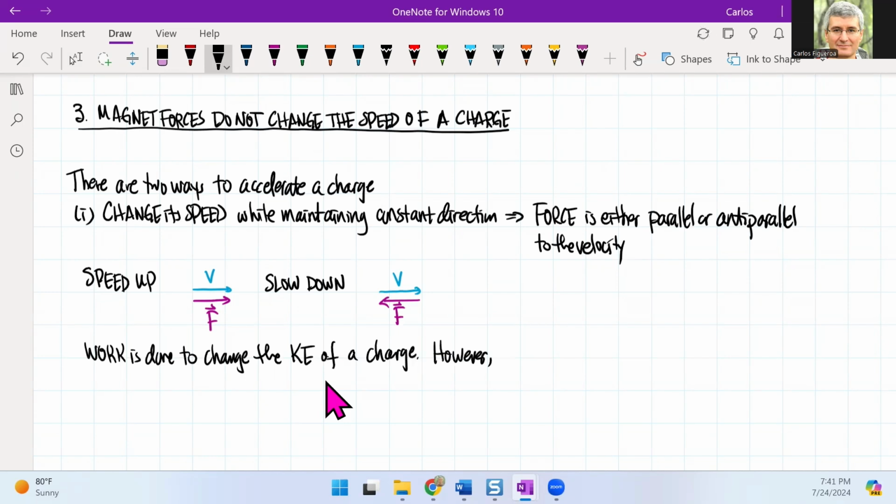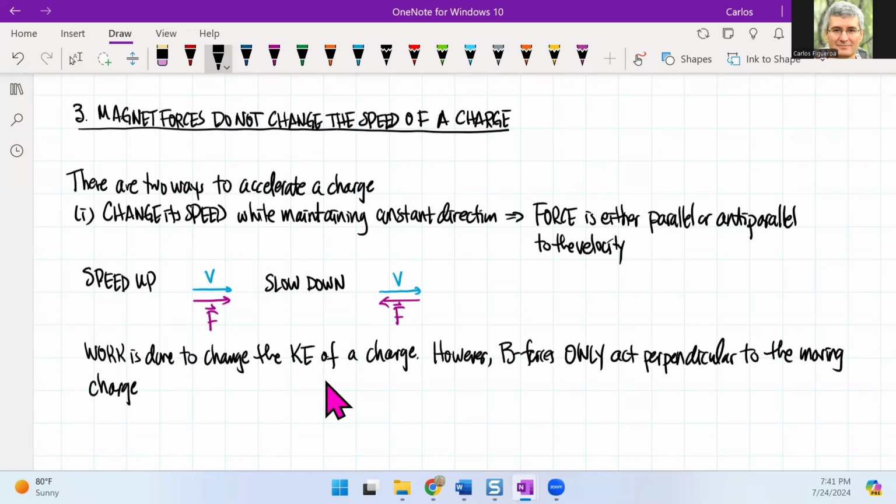However, magnetic forces only act perpendicular to the moving charge.